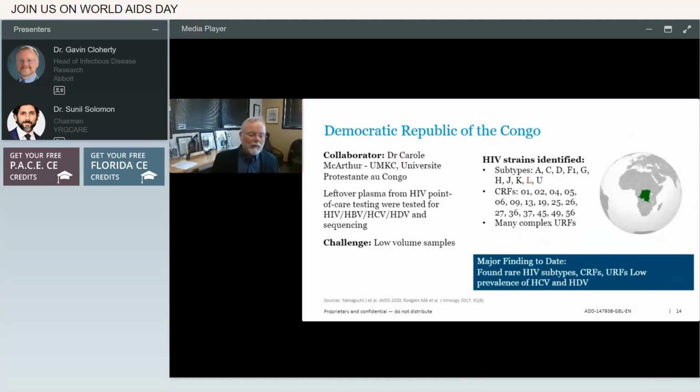In the Democratic Republic of Congo, as I mentioned, we identified the HIV group M subtype L that enabled that to be named. We also found a variety of HIV subtypes, circulating recombinant forms. We're able to look at the prevalence of viral hepatitis in that country. And we also found a large number of cases.